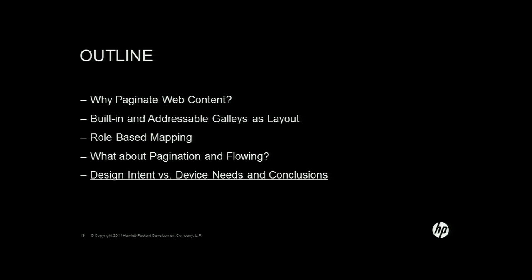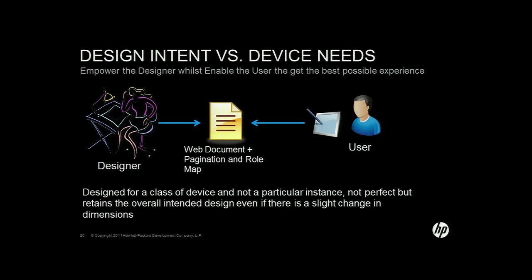So now that we have explored all of this, the other interesting outcome is that a designer could focus on designing a document using the pagination and the role map. Now, if a designer wants to take into account designing for a particular format or device, she can describe the document with both the pagination and the role map.